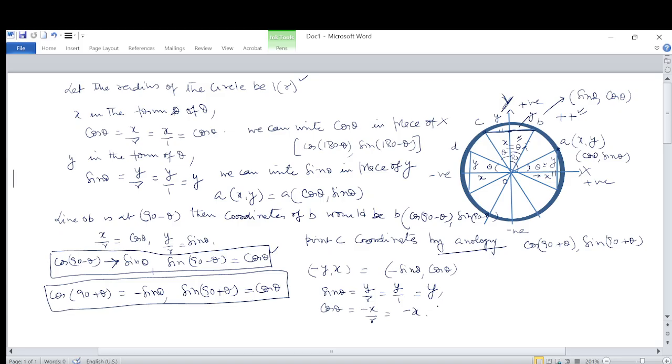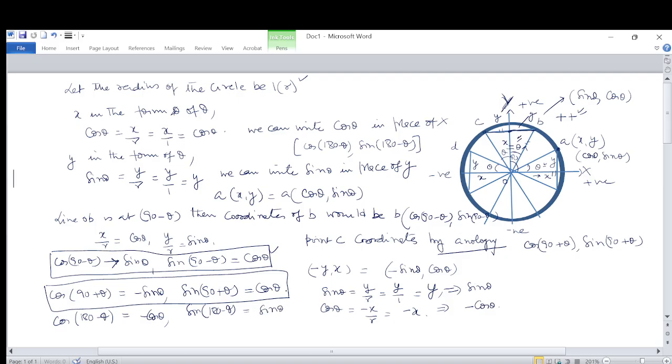So in place of y we can write sine theta, and in place of minus x, minus cos theta. So cos 180 minus theta becomes minus cos theta, and sine 180 minus theta is equal to sine theta.